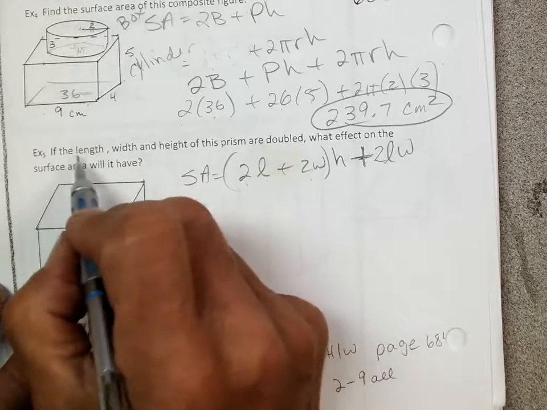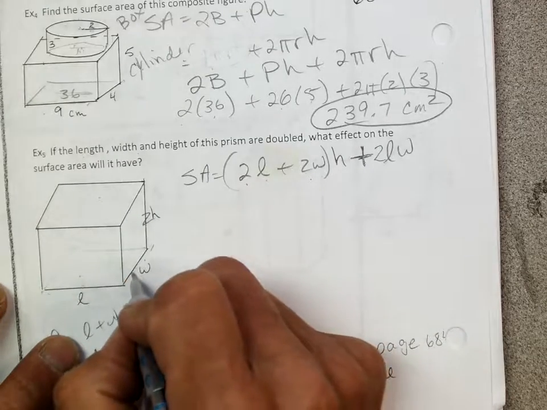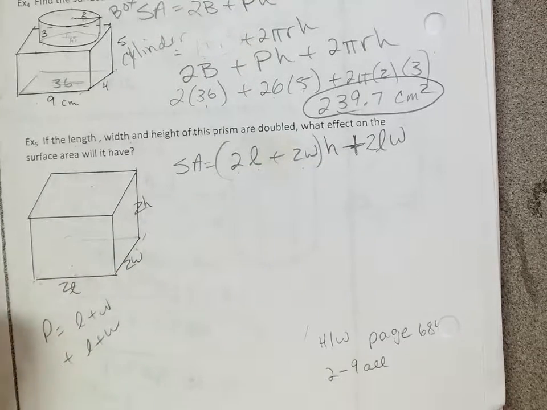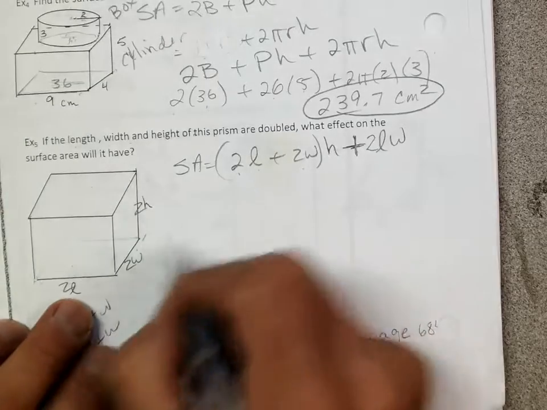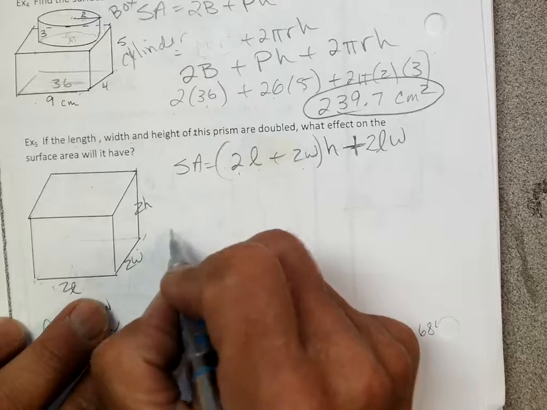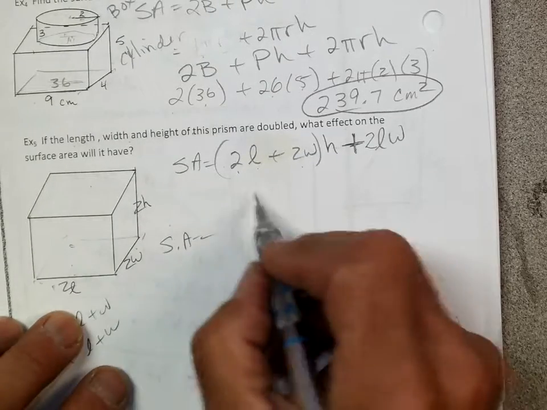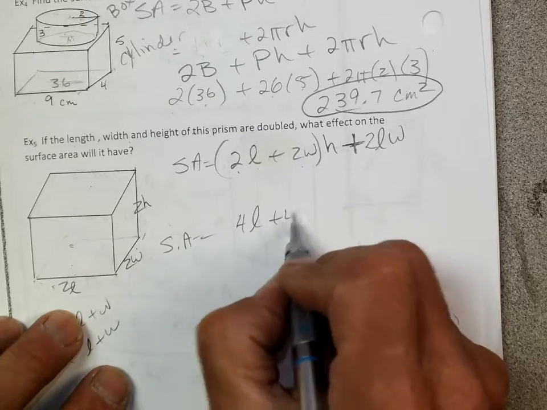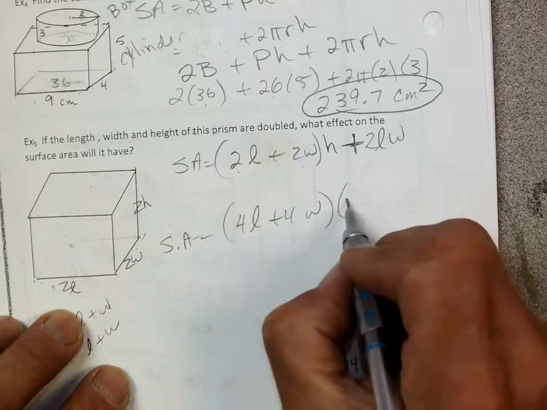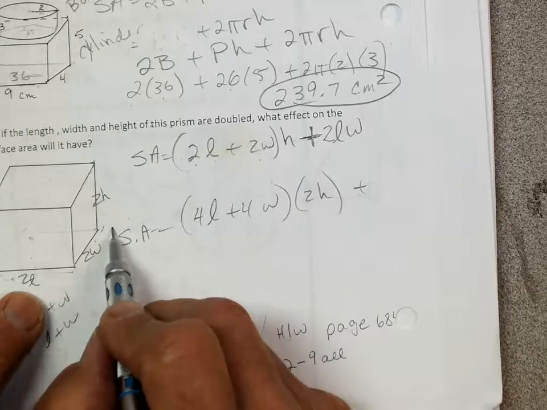Now, if the length, width, and height of this prism are doubled, if they're all doubled, that makes that 2, that makes that 2, and that makes that 2. What's going to happen to the surface area? So then my new surface area is going to be 4L plus 4W times 2 times the height, plus that times that, which is 4LW, okay?